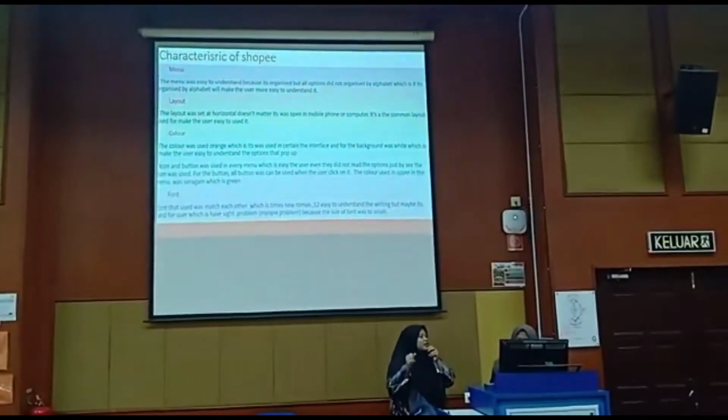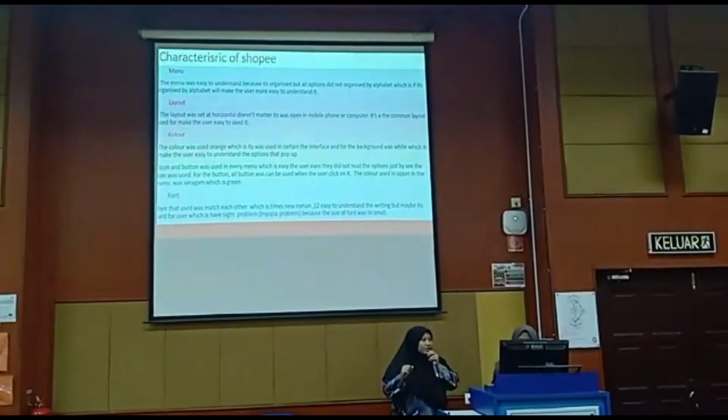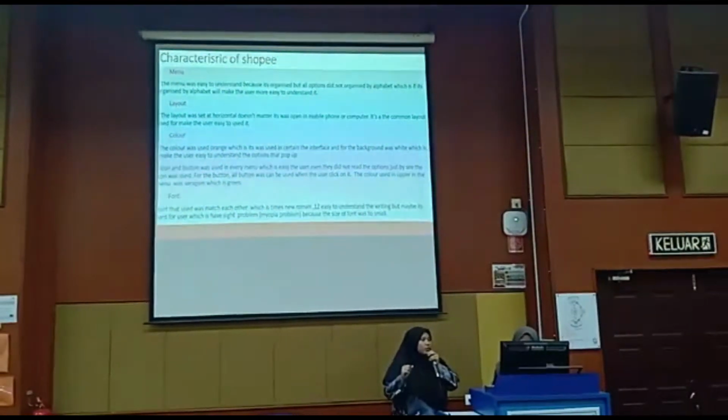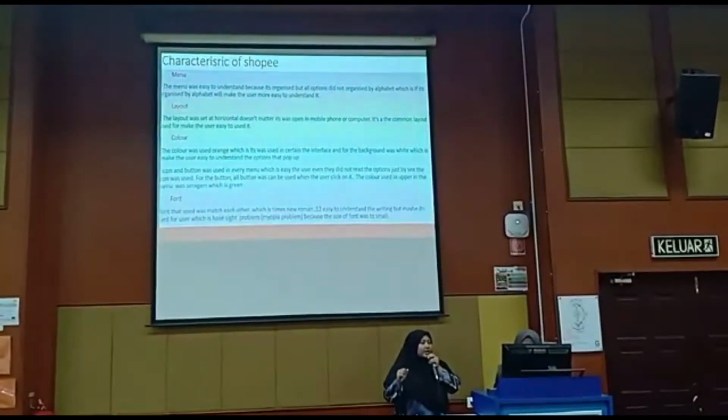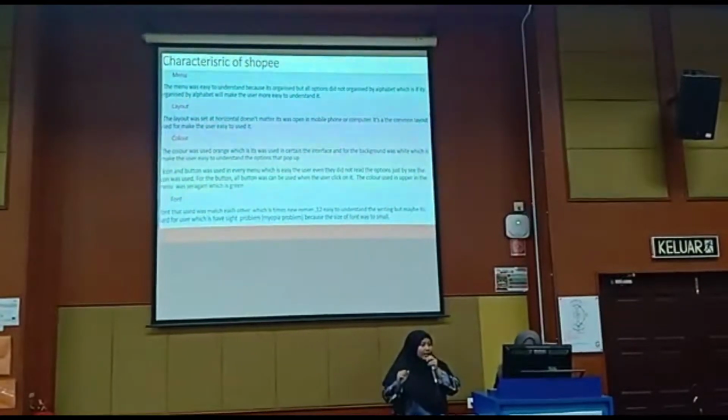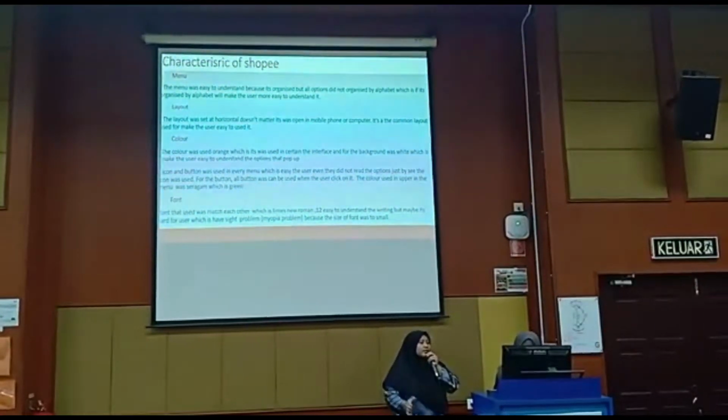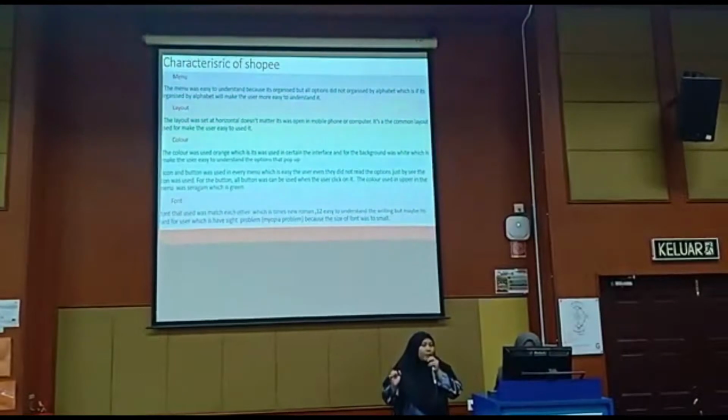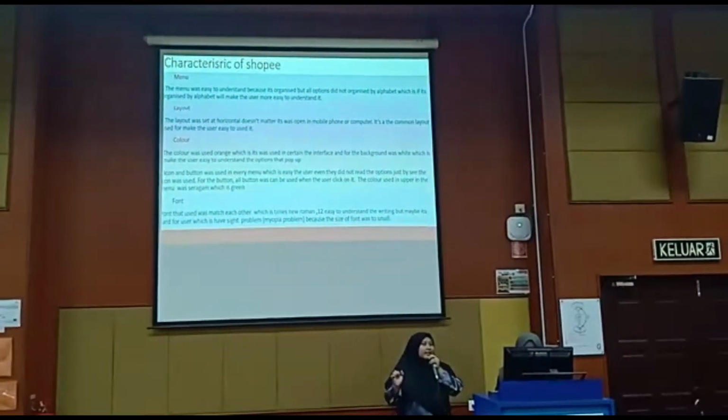Okay, the orange was used in certain parts of the interface, and the background was white, which makes it easy for the user to understand the options that pop up, like I already said.